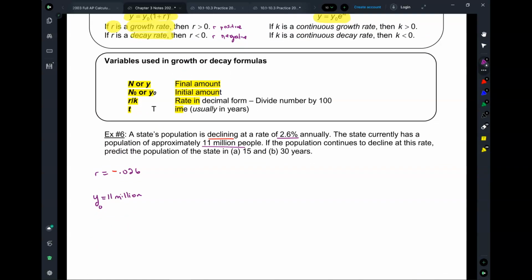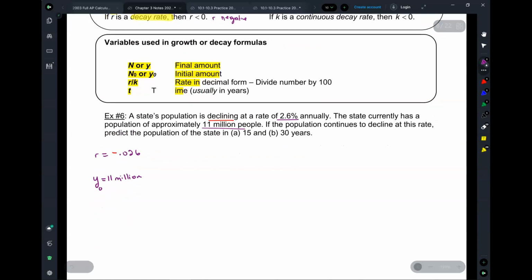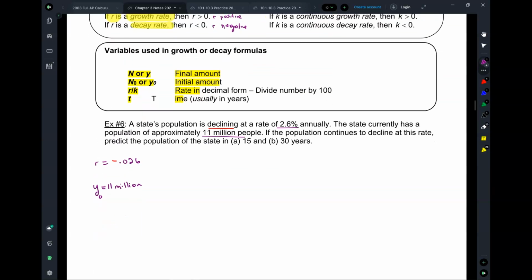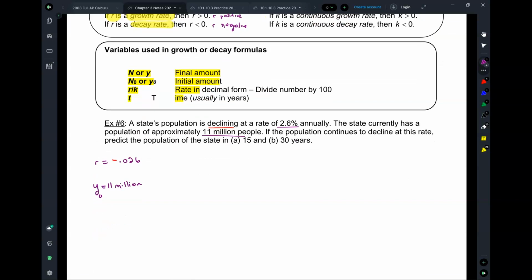It should have said declining continuously. Would it be wrong? No, it wouldn't be wrong, I'm just trying to be consistent. This one's y naught because it's the initial amount. We're looking for y.